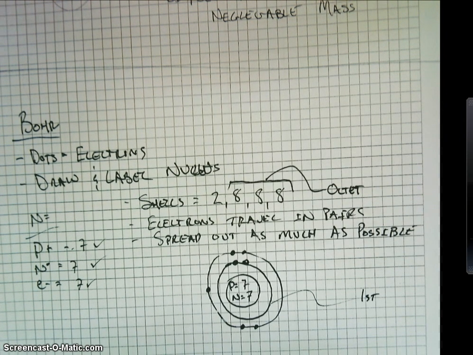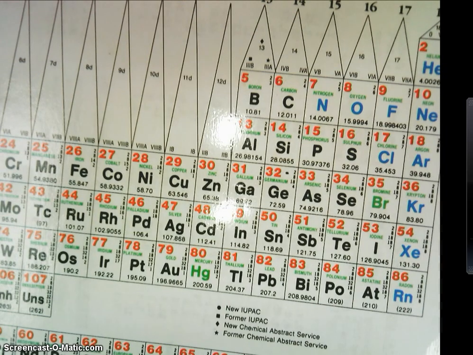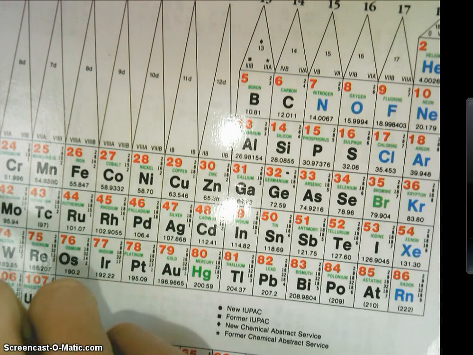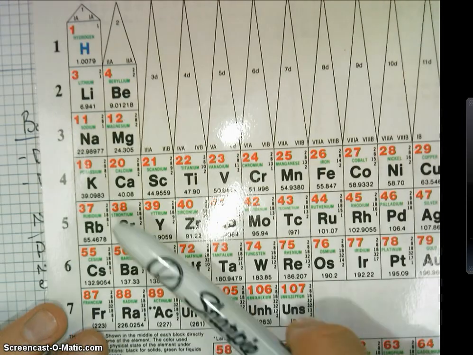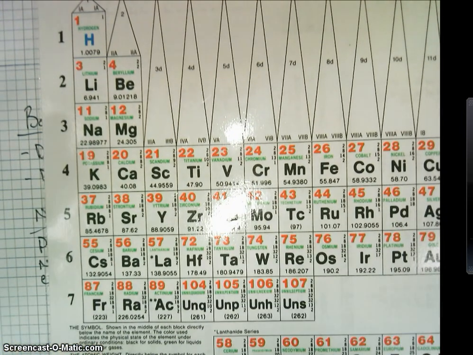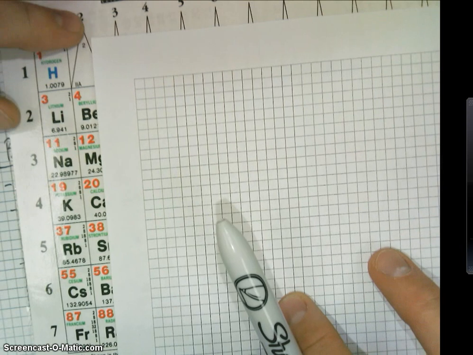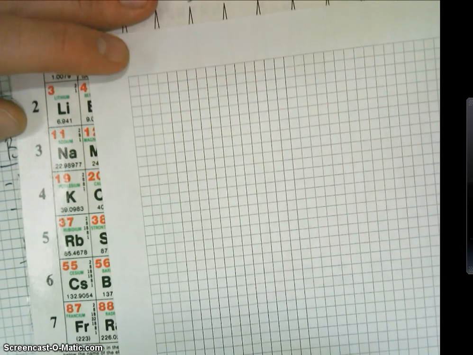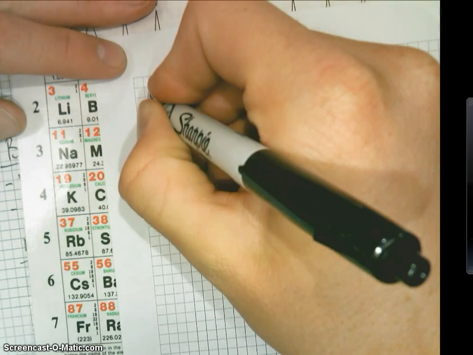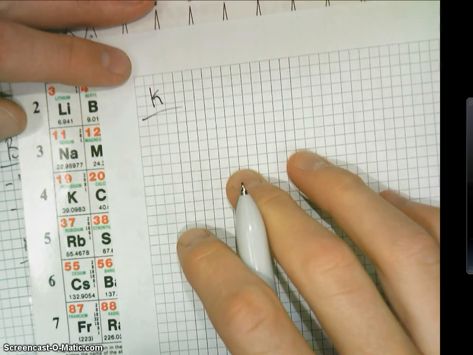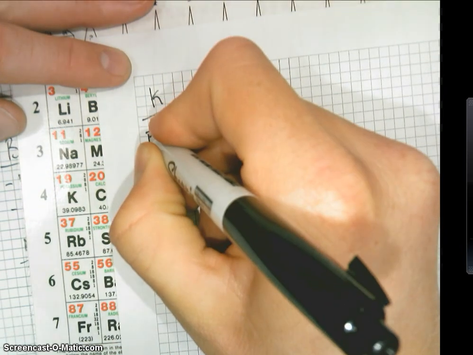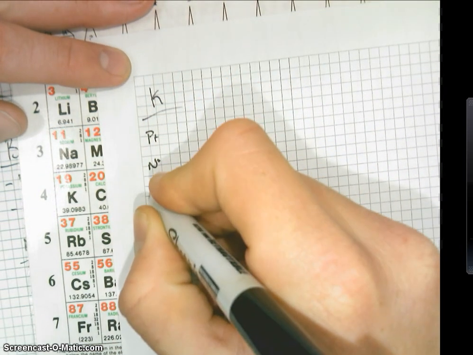Let's do one more example together just so you can see and solidify. I like potassium, so let's do potassium. You can see the element right there as well. We first need to figure out protons, neutrons, and electrons.